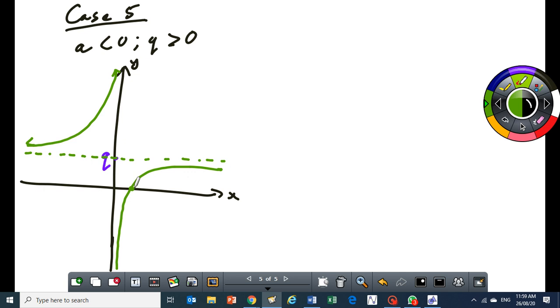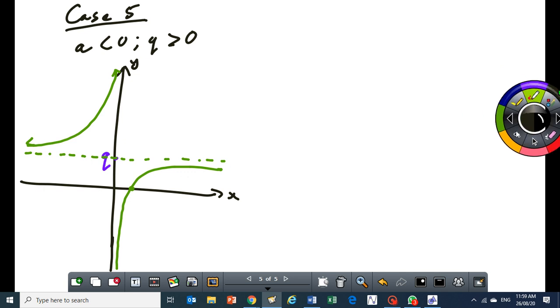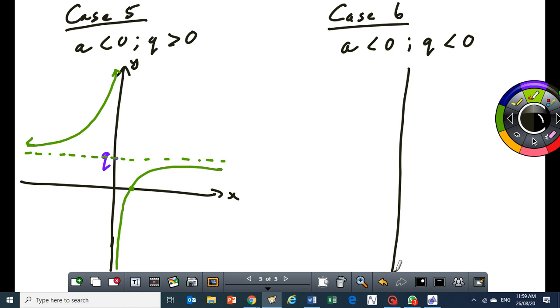Alright, I will tell you something that's very important when I finish case 6. Then, case 6, we are going to keep the a negative, but the q is now negative. So when you have got that, your graph must look like this.